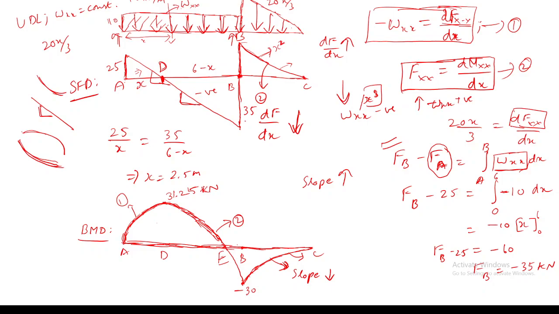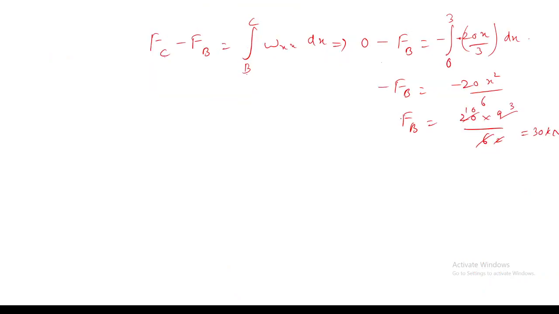Since you know the value of x, for example, I am writing MD minus MA. That is the second concept. We have already written dM by dx equals the shear force at any section, F of x.